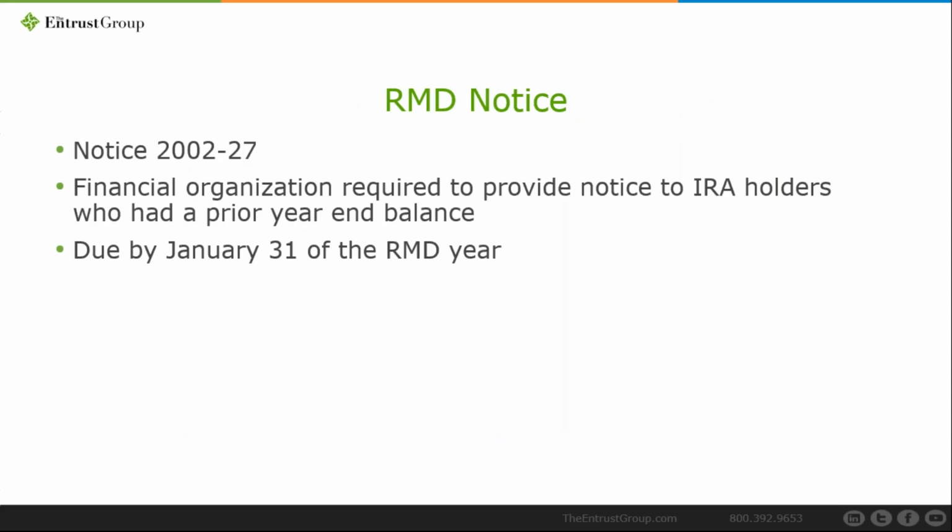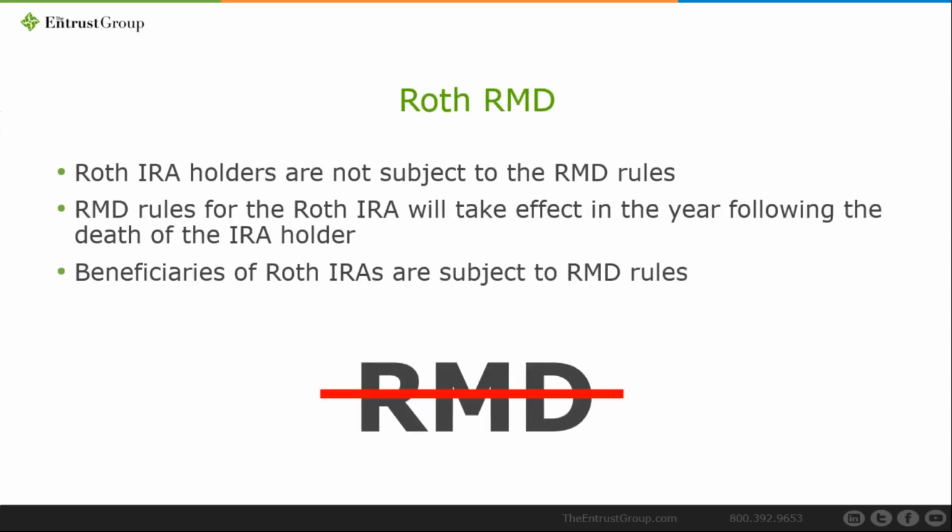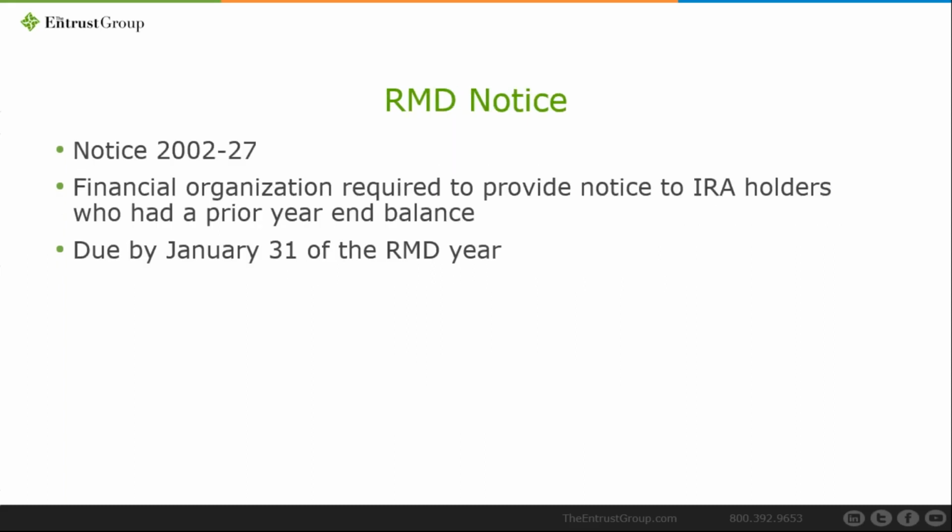RMD notice, one of the last things we're going to take a look at. The RMD notice states that a financial institution must provide a taxpayer a reminder that they have to take out an RMD in the year that the fair market value is created. So in other words, January 31st of every calendar year, if an individual has a fair market value at your financial institution, and they're required to take a required minimum distribution, the organization must either provide the individual an amount of their RMD or offer to calculate the RMD for that taxpayer.